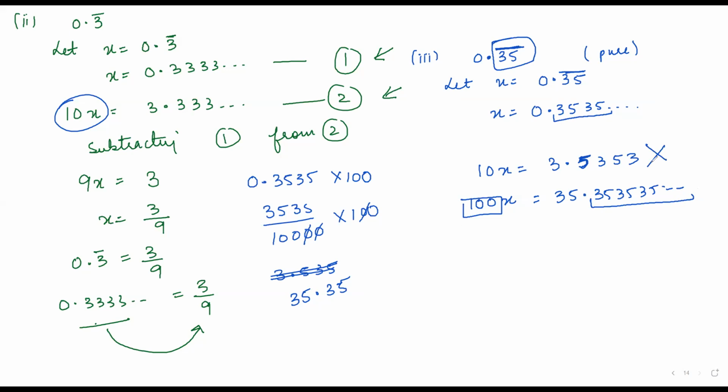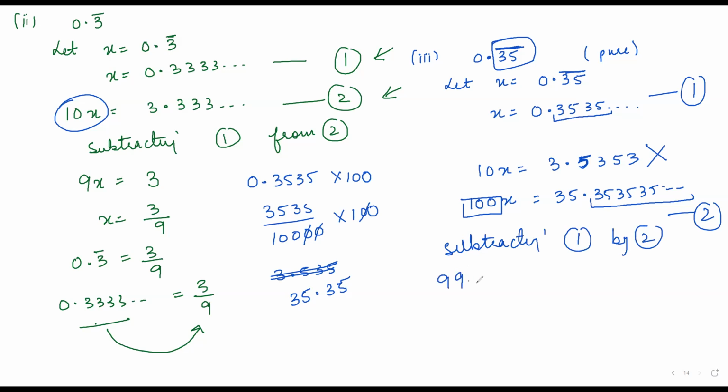Yes. Okay. Now why 100? Because in the next step, I have to subtract, right? If this is my equation number 1 and this is my equation number 2, so again I'm subtracting 1 from 2, right? So 100x minus x, I'll get 99x, and 35.35 minus 0.35, so I'll get 35. Is that clear? You can do it separately and see.